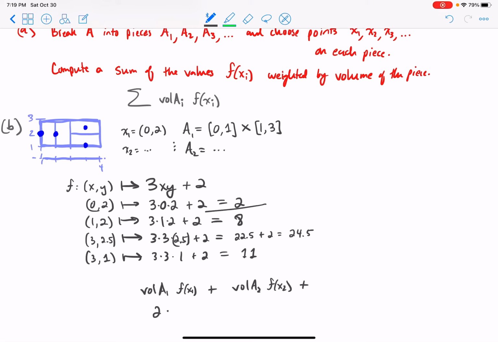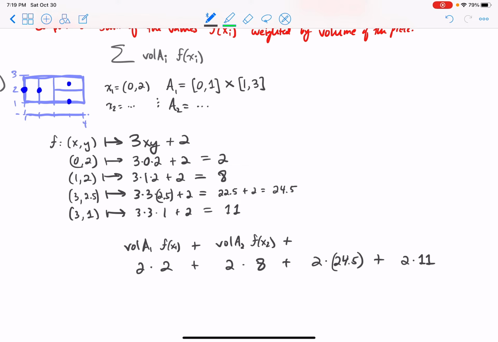The value that I computed is 2. The volume of this piece is 2, and the value I computed is 8. Plus, the volume of this piece is 2, and the value I computed is 24.5. And then last, I add one more weighted term: the volume is again 2 times the value, which is 11.